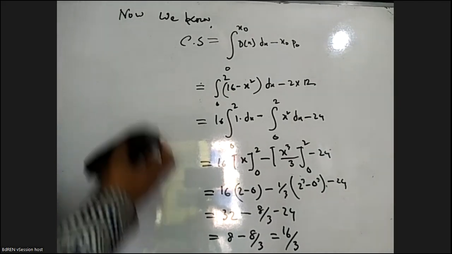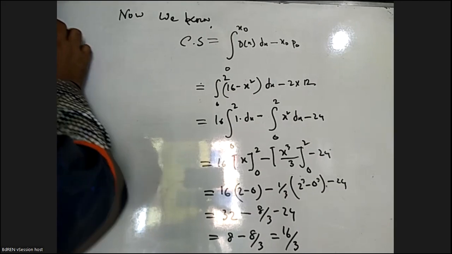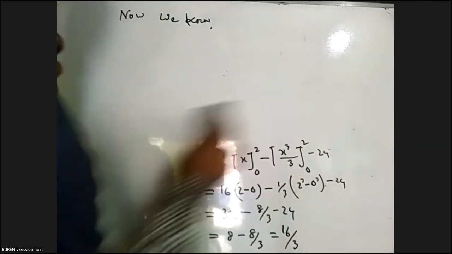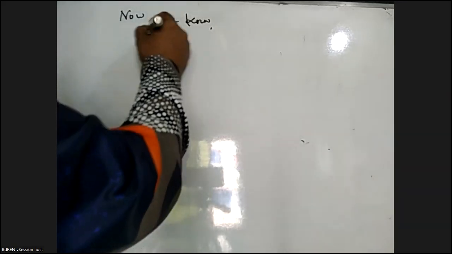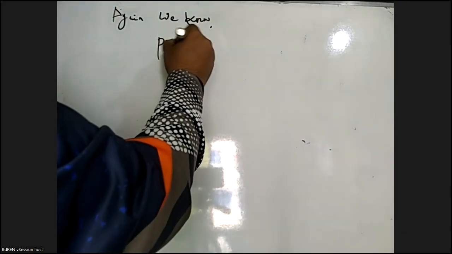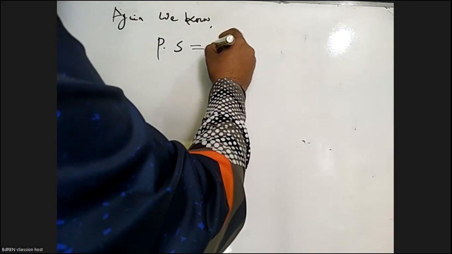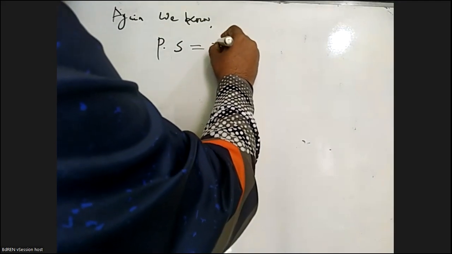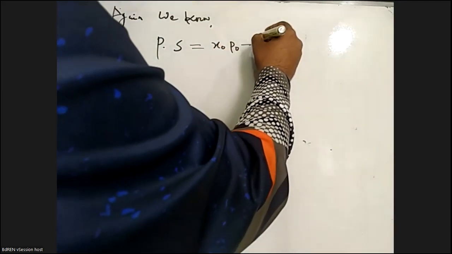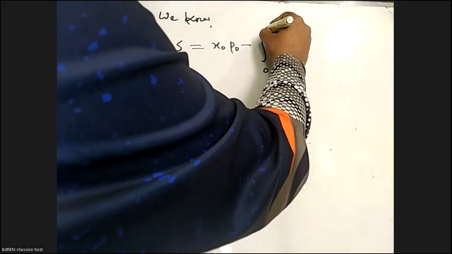Similarly, for the producer surplus, we know producer surplus PS equals the area bounded by the initial price and quantity x naught p naught, minus the area bounded by the supply function.